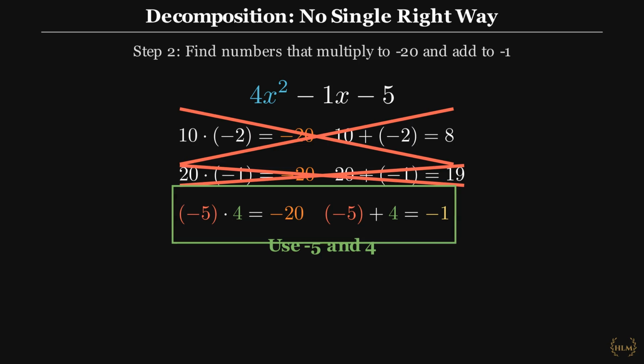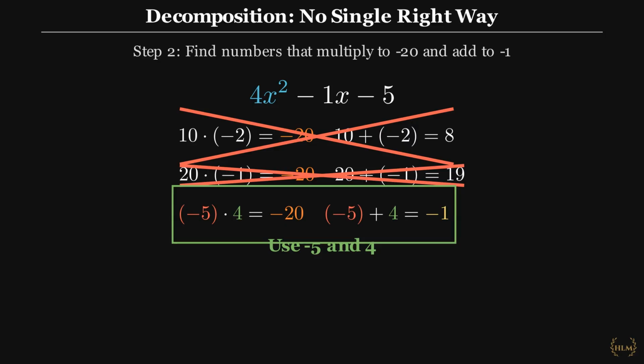There's one last possibility, which is negative 5 and 4. So multiplying negative 5 by 4 gives you negative 20, and adding negative 5 and 4 gives you negative 1. So therefore, negative 5 and 4 will give you the correct terms to decompose negative 1x into.